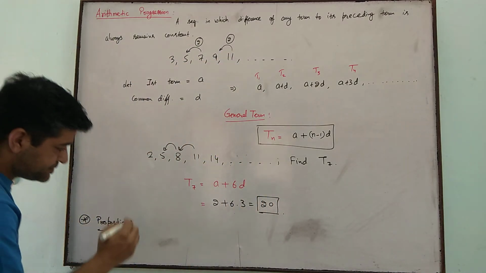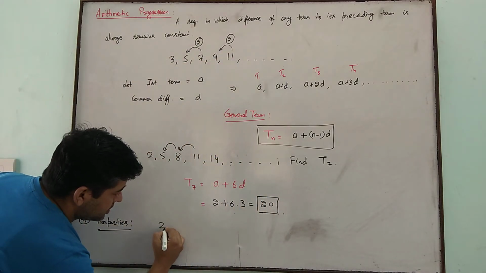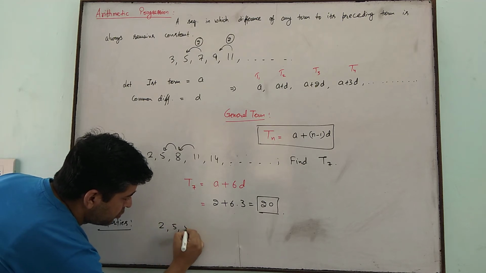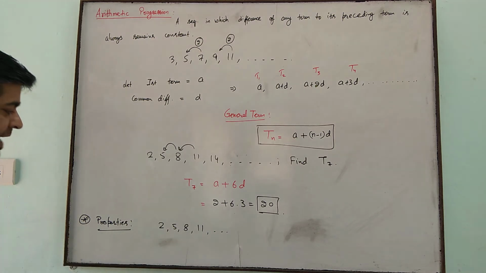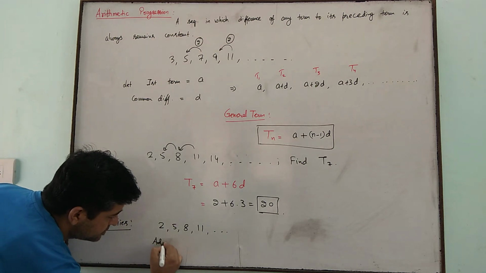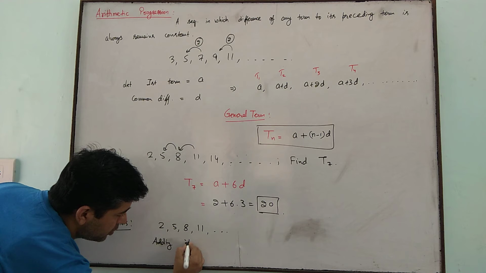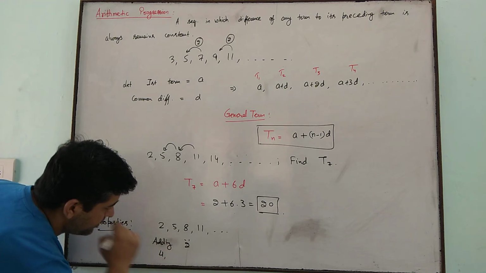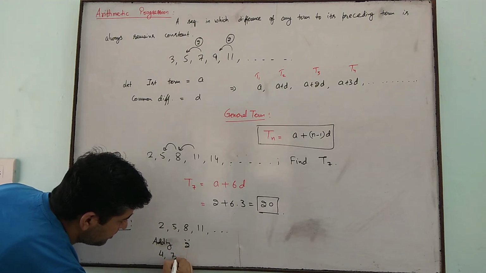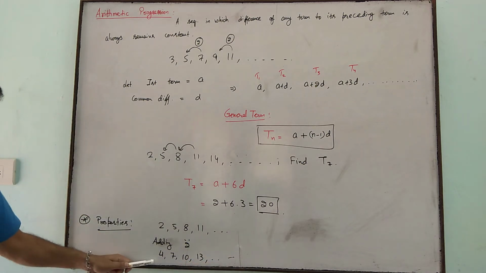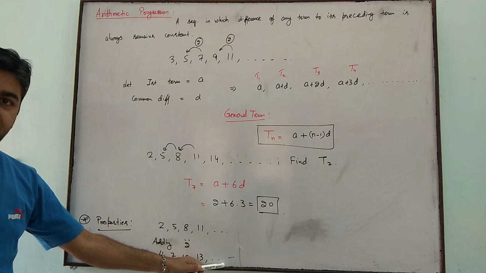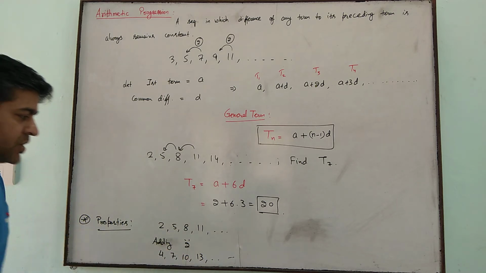Like suppose 2, 5, 8, 11, this is the AP, and we are adding 2 to all the terms, then it will be 4, 7, 10, 13. Now you see again the difference is the same, that means again it is an AP only.